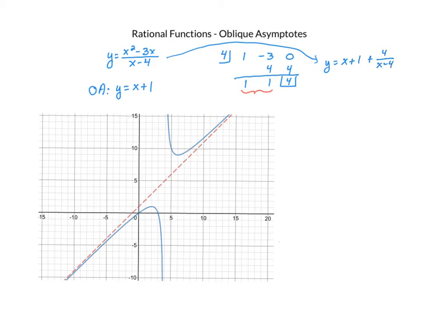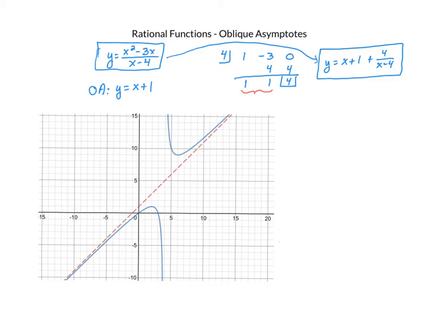These two functions right here and right here are completely equivalent. Remember, comparable to writing an improper fraction as a mixed number. We're doing the same thing but with a rational function.